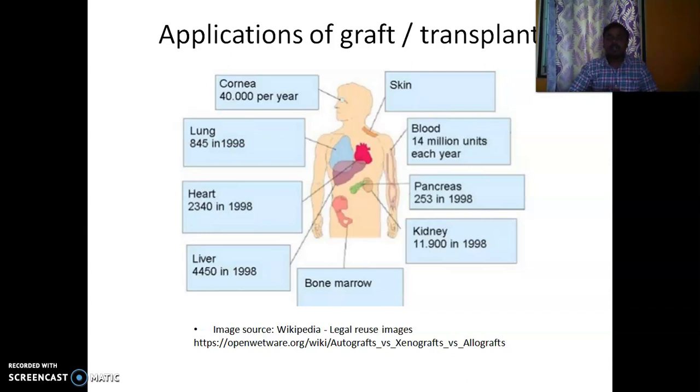Every year around 40,000 transplantations related to the cornea occur. Likewise, transplantations happen for skin, lungs, heart, liver, and even bone marrow. Due to kidney injuries or kidney failure, kidney transplantation is also increasing. And for the pancreas, and sometimes even blood transplantation can happen. Likewise, transplantation happens for different organs, cells and tissues in our human body.